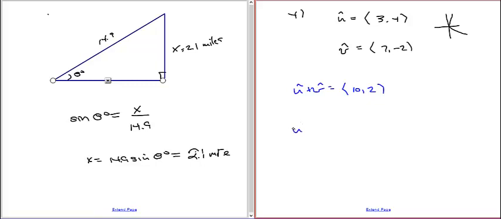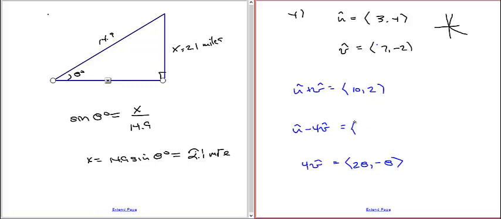Now the second part, it's u minus 4v. So the first thing we need is, what is 4 times v? Well, you just take v and multiply each component by 4. So you get 28 and -8. So 7 times 4 is 28. -2 times 4 is -8.